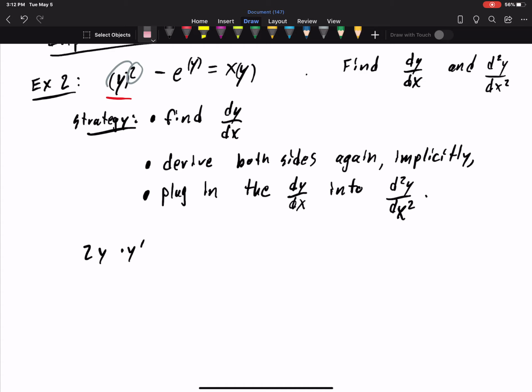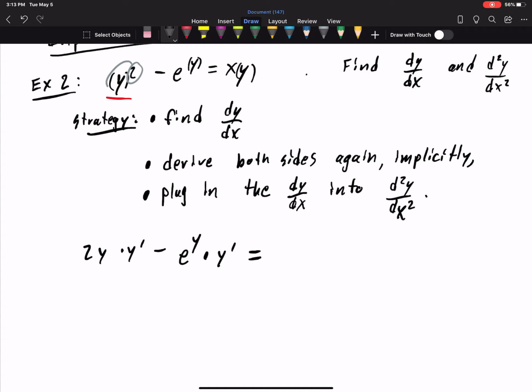Now we're going to find the derivative of the second term. This is also going to be a chain rule thing. The inside function is going to be the exponent, which is y, and the outside function is going to be e to the x, or e to the y in this case. So you write e to the y, then you multiply by the derivative of the exponent, which in this case is y prime. So that handles the second term.